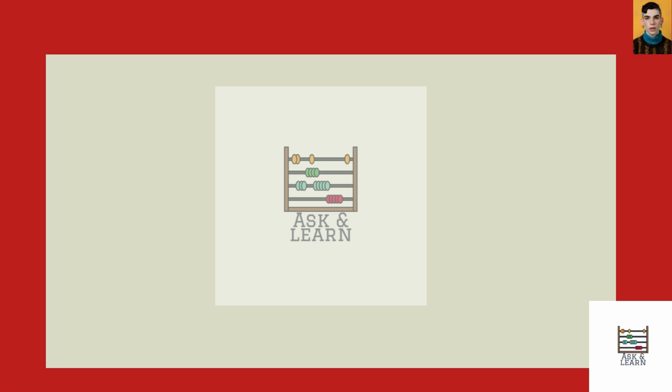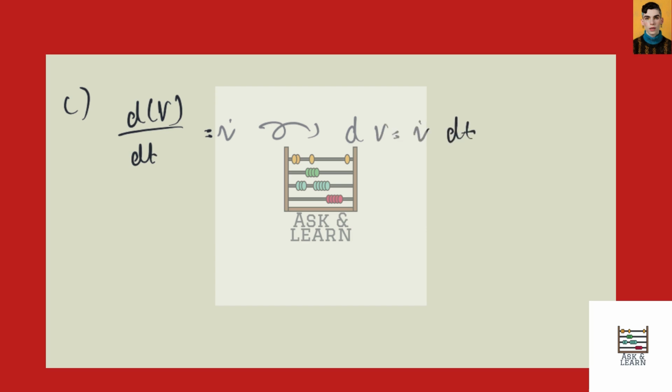Part C. We're able to rearrange the following equation, dV/dt is V dot, for dV, to get dV is V dot dt.